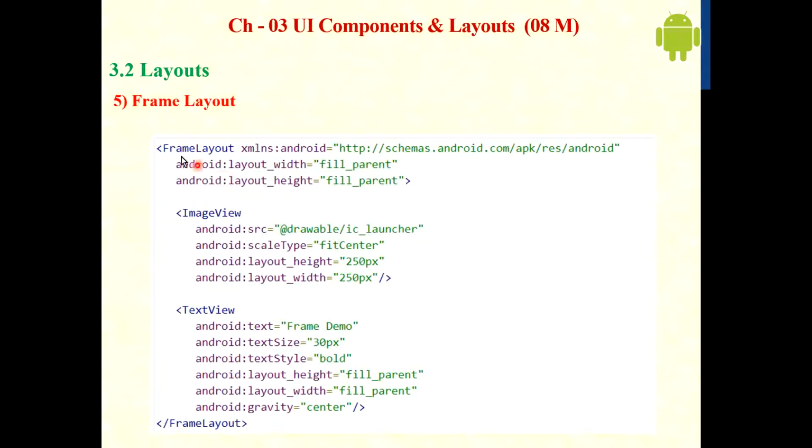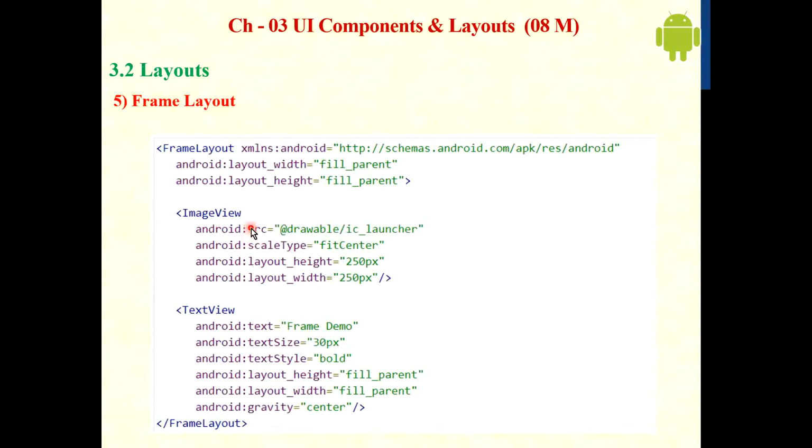Here I display one example of frame layout code. Layout width and height are two common attributes of layout. Then inside frame layout we create an ImageView, and mention some attributes of ImageView. We will see all these components in the next lecture: what is ImageView, what is TextView, and what are the attributes of every component.